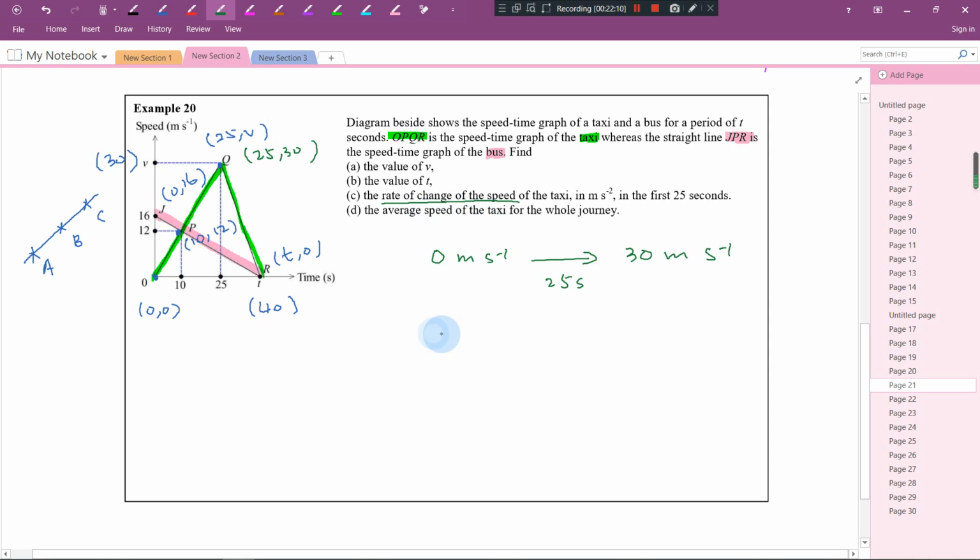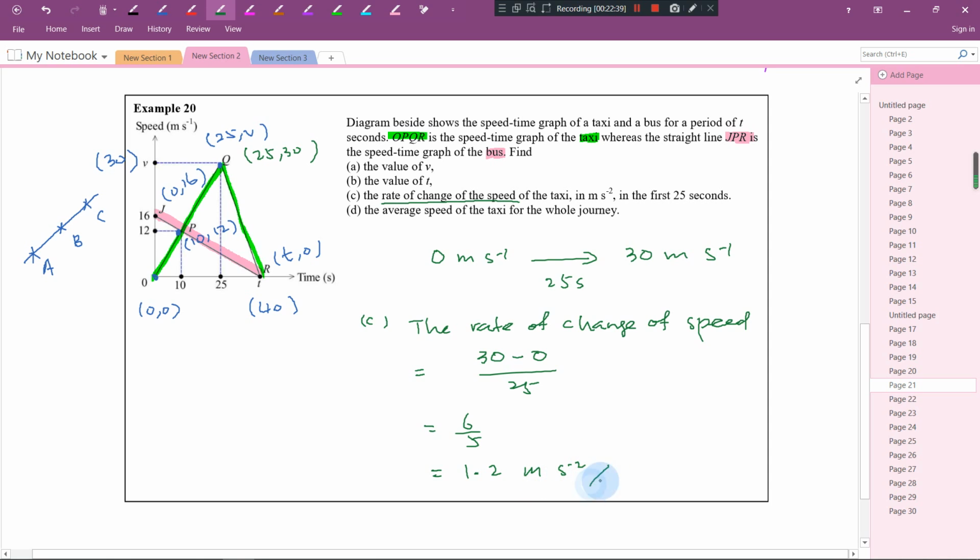So the rate of change of speed will be 30 minus 0 divided by 25, right? So this is 1.2 meter per second square. Okay, so this is the answer for part C.